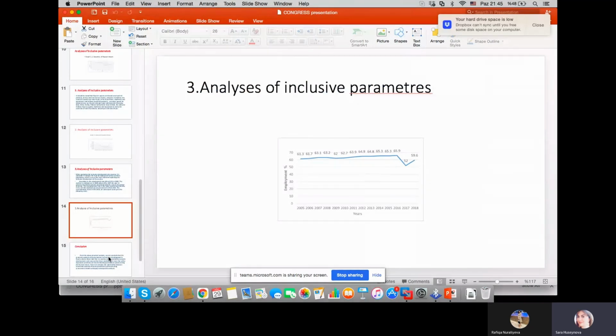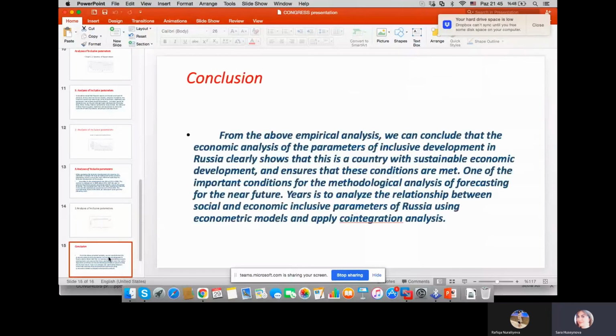And then the conclusion of our article. We used empirical analysis, and we can conclude that the economic analysis of the parameters of inclusive development in Russia clearly shows that it's a country with sustainable economic development, and this is one of the important conditions for the methodological analysis of forecasts for the near future.